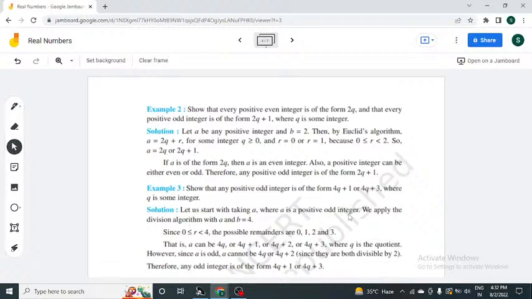If you go by this chapter in NCERT, you'll find there is an example too, which is really important, and now we are going to learn about this example.